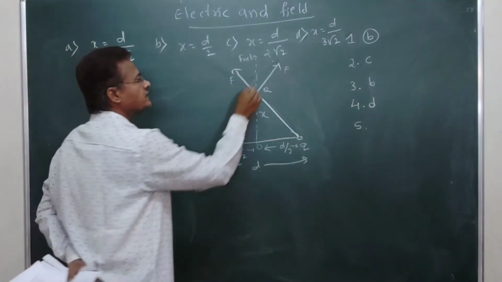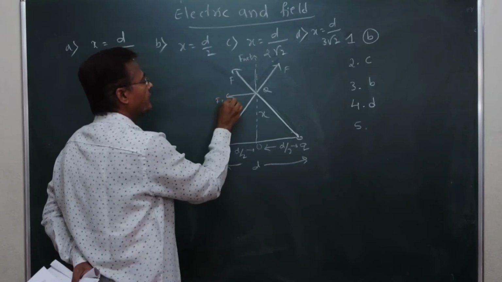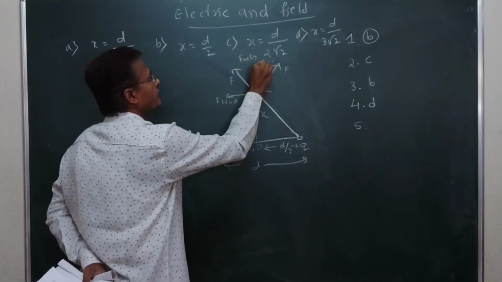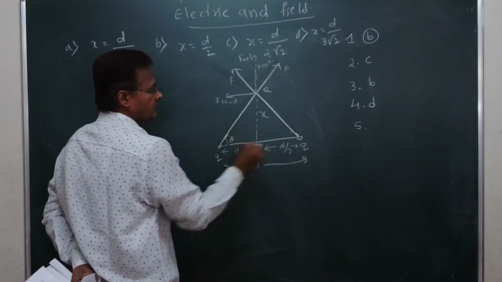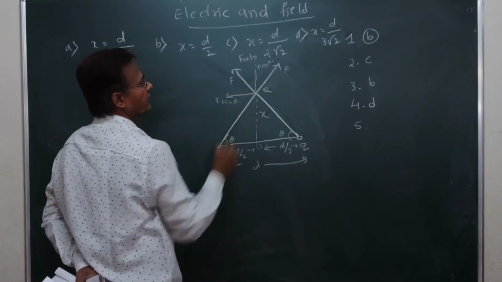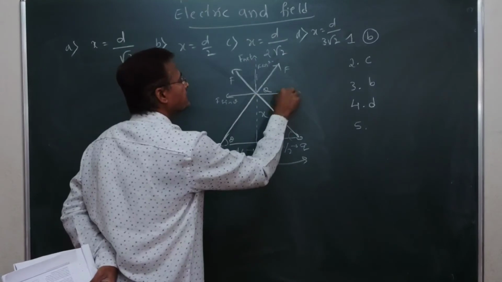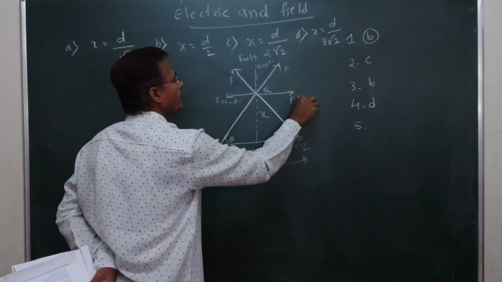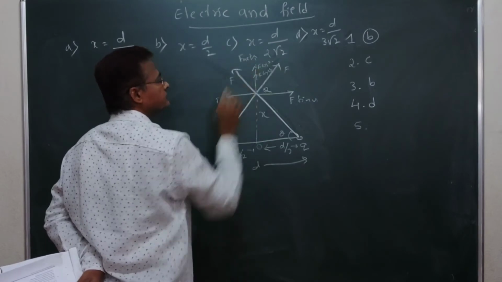These two forces are resolved into two components, one is F sin theta and the other is F cos theta. Theta is the same here also. So if the force is exerted by either charge, we can take F cos theta. Similarly in this direction also, this is F sin theta, and this also is F cos theta.